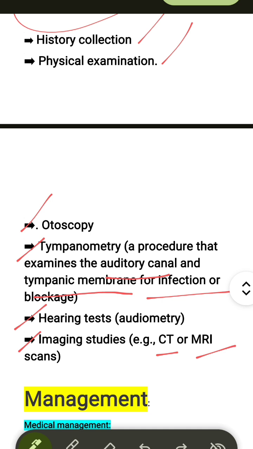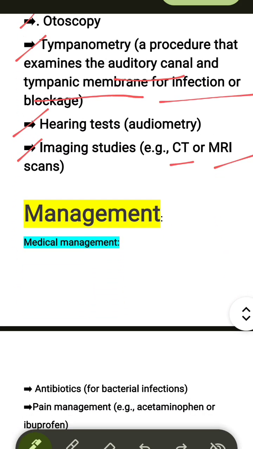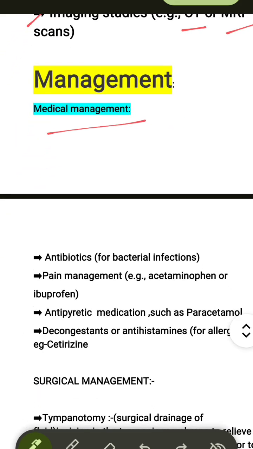Next we'll move on to management. In the management, first of all we will see the medical management. Under the medical management, otitis media is basically caused by bacteria, so we'll provide antibiotic medications for bacterial infections. If pain is there, we'll provide pain management medications, for example acetaminophen or ibuprofen.